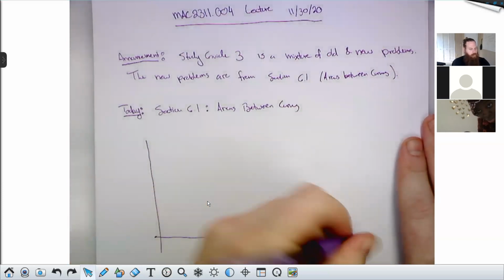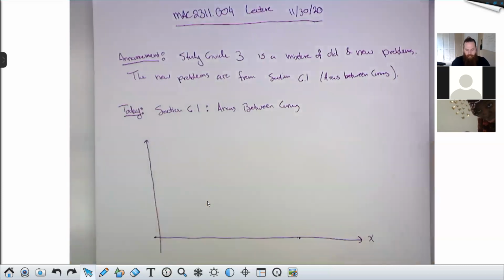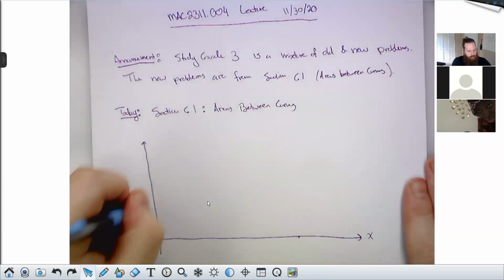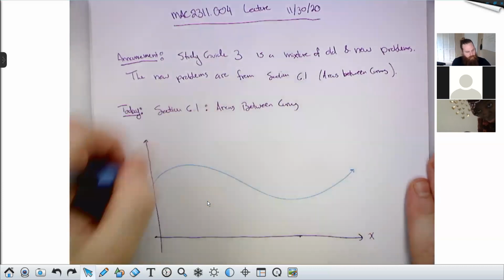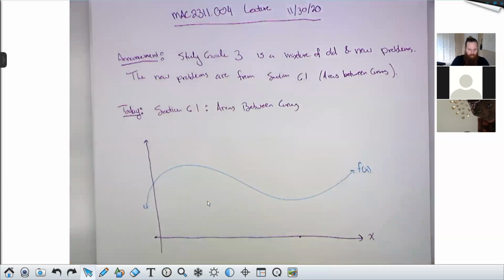I have some coordinate axes, x, and then maybe I have 2 functions. Maybe one looking a little bit like this, which I'll call f, in blue.